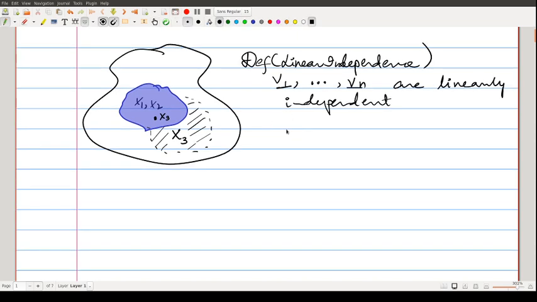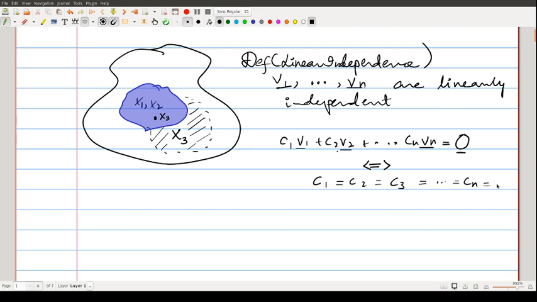c1 v1 plus c2 v2 plus dot dot dot up until cn vn, that is, we take some linear combination of these vi's, all of these from v1 to vn, and if the result is 0, this result can only be 0 if and only if c1, c2, c3 up until cn, all of these coefficients are 0.